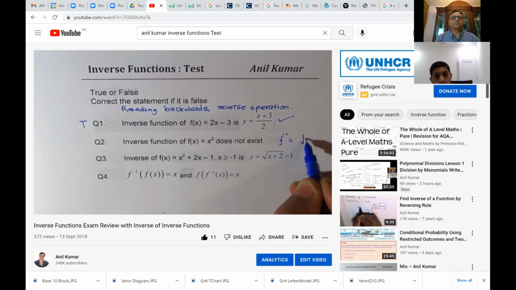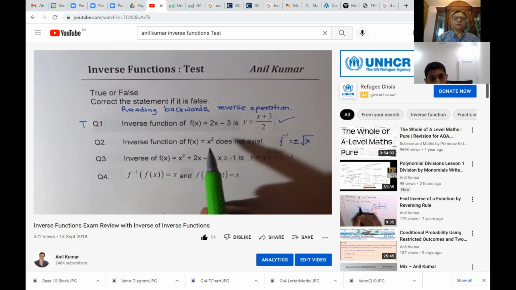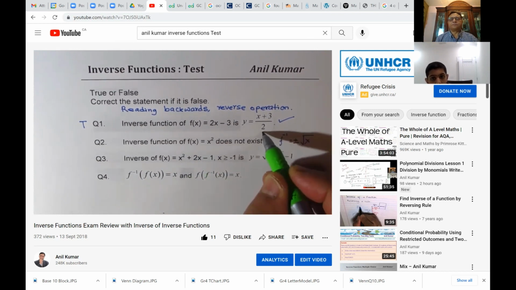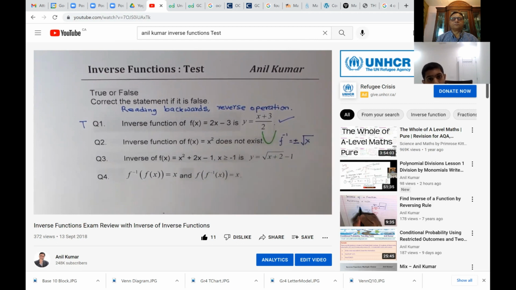The inverse of f of x equals x squared plus 2x minus 1, x is greater than or equal to negative, is y equals square root of x plus 2 minus 1. Are these inverse of one another? No. How do you know?